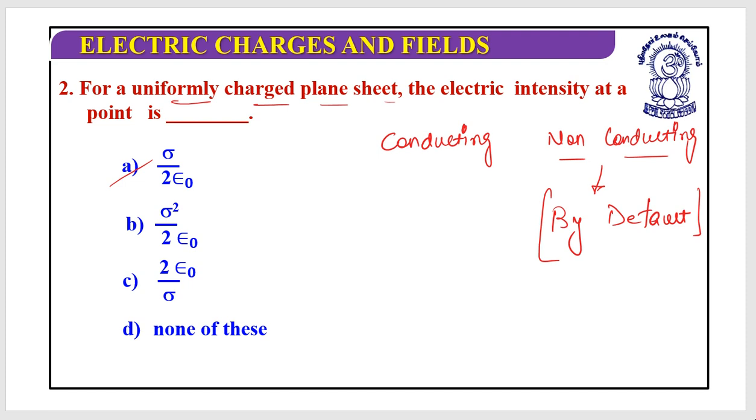But if they have mentioned conducting, okay, well done, go for it. Are you okay with this? Are there any doubts? No? So can we move to the numericals? Can we? Okay, let's begin.